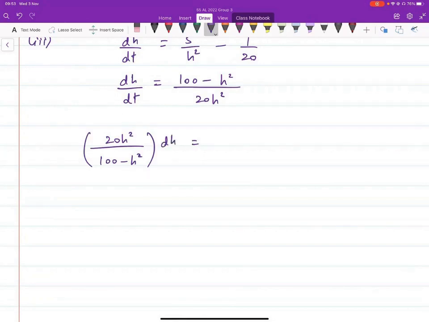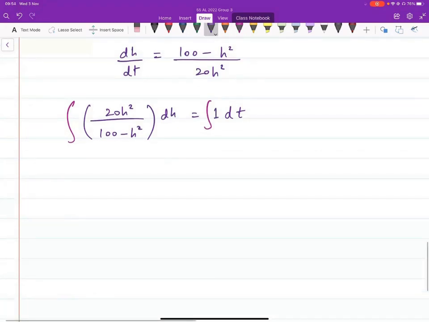On the right side we have nothing, so that's one base, and we get dt. Now we take integral on both sides. On the right side there's nothing, so it's like we have a 1 there. On the right side we already have just 1, a constant. We can directly integrate that. That's just going to be t there, and we can add a constant with that if you want.